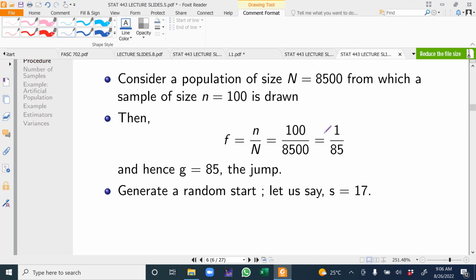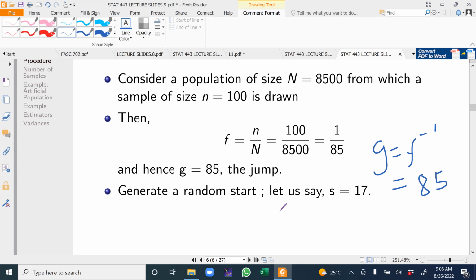And now, once we have our sampling fraction, we can get the jump. That is, G is, remember, G is the inverse of F, so it is going to be 85. The inverse of 1 over 85 is 85.